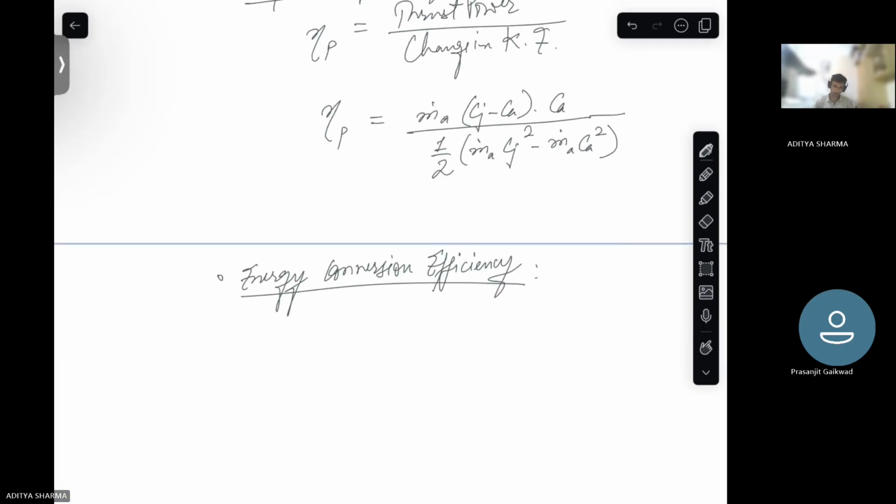Okay, so this is denoted by this. The amount of energy that goes as change in kinetic energy of working fluid, it is to the input fuel energy.